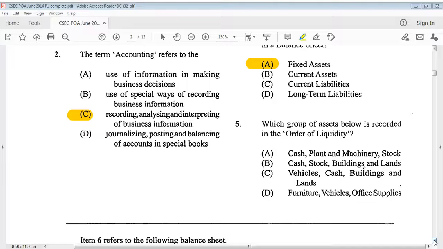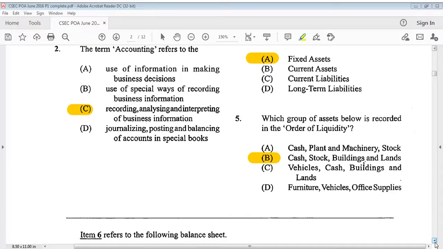So right away we know C and D, using the method of elimination, would be out. Cash does not require a long time to be converted. So that's why we know it will begin with cash. Now we're looking at stock. So B: cash, stock, buildings, and land. So B would be your answer.